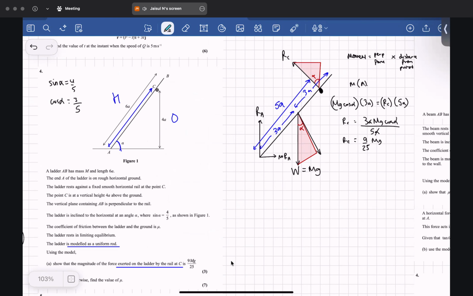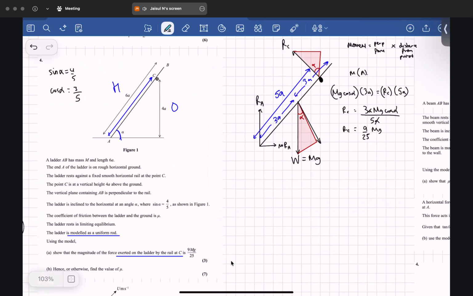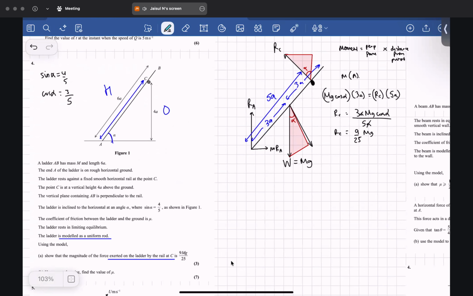And then part B says find mu. Do you remember the 3 things or 4 things we said? We said do moments around A, forces left equals forces right, forces up equals forces down. So I'm going to now do forces left equals forces right because I need to get the mu. To the right, I have mu RA.